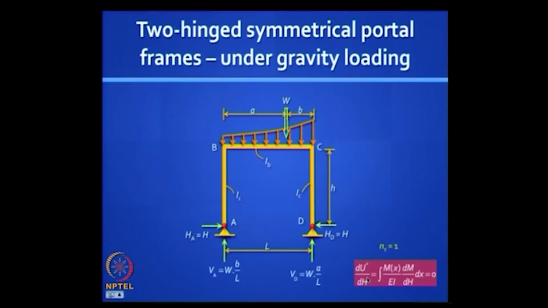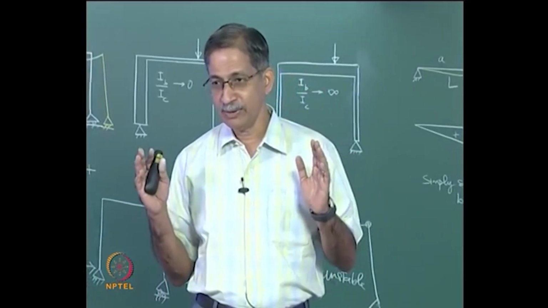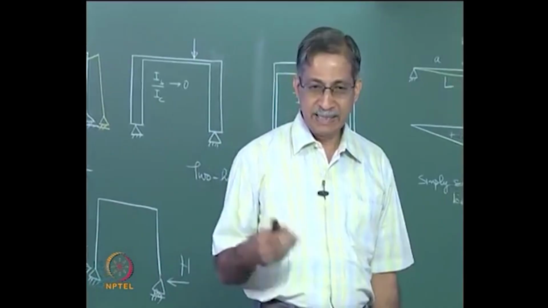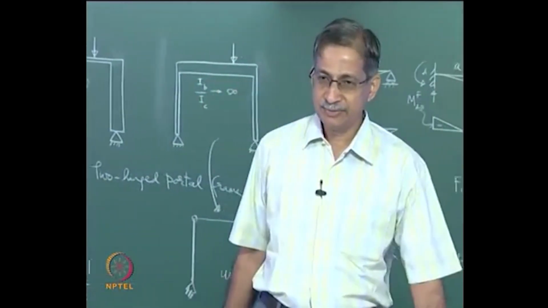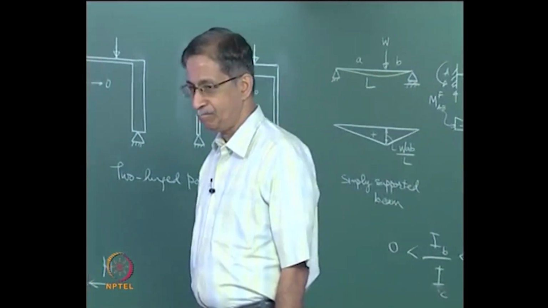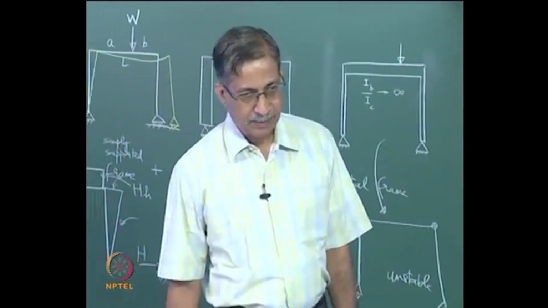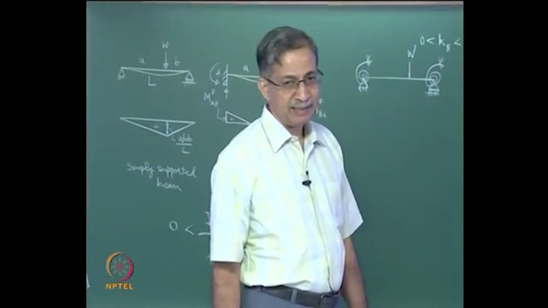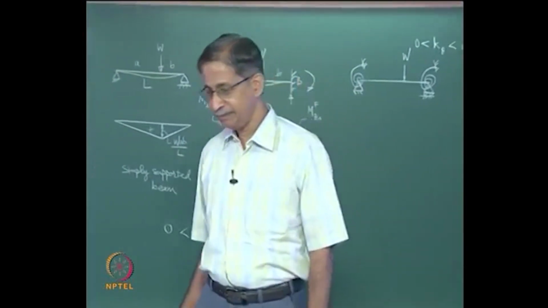Now what is M? You have to integrate over the full length of the frame, separately for the two columns and for the beam. Will you try that and give me an expression for capital H, a generalized expression which accounts for IB, IC variations?